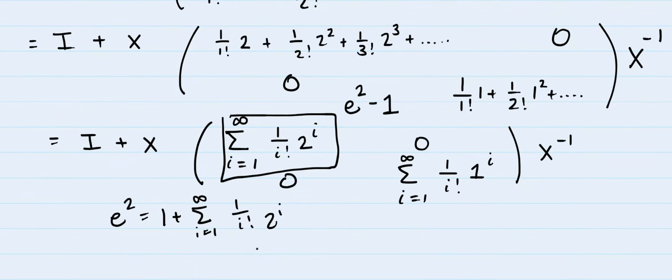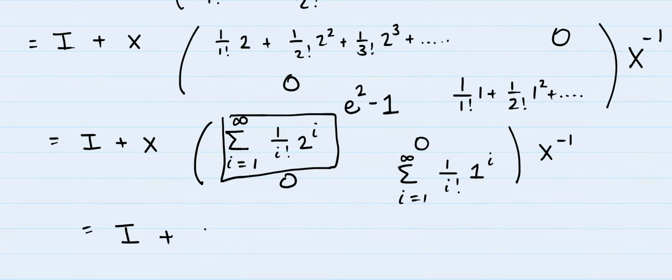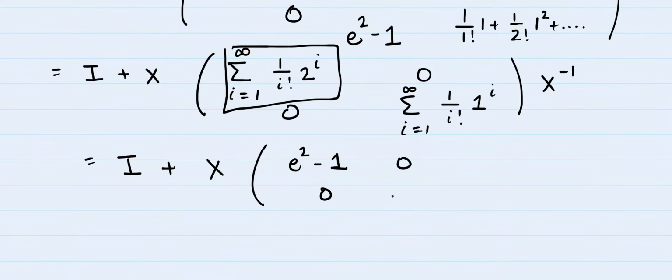So you can see if I wanted to solve for this, I just move the 1 back. So we're left with the identity plus X times e squared minus 1, 0, 0, and this is e to the 1 minus 1, X inverse.